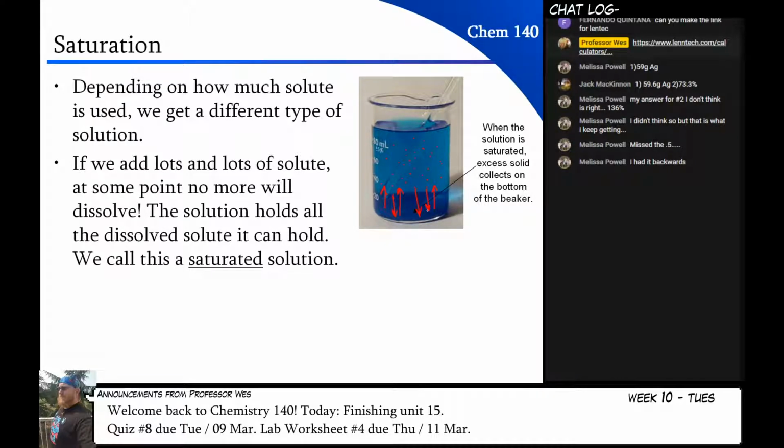So the amount that's there remains constant. And so that's what we mean by, oh, you cannot dissolve anymore. It's reached the maximum. We call a solution like this a saturated solution. Saturated solutions have everything they can hold because any more dissolves into it, it'll just immediately come out of solution and undissolve.